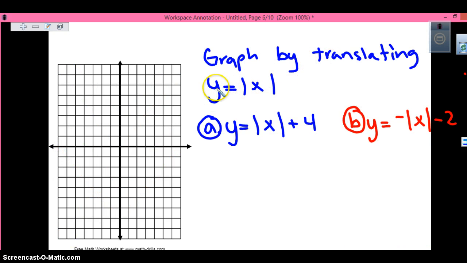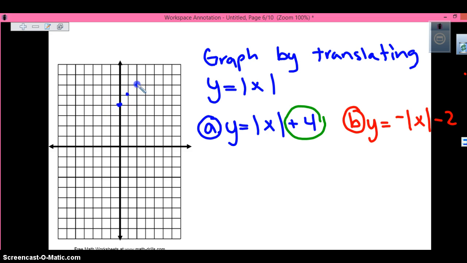Graph by translating y equals the absolute value of x. So right here we have to graph y equals the absolute value of x plus 4. This plus 4 tells me that we have to translate the graph of y equals the absolute value of x 4 spaces up. 1, 2, 3, 4.